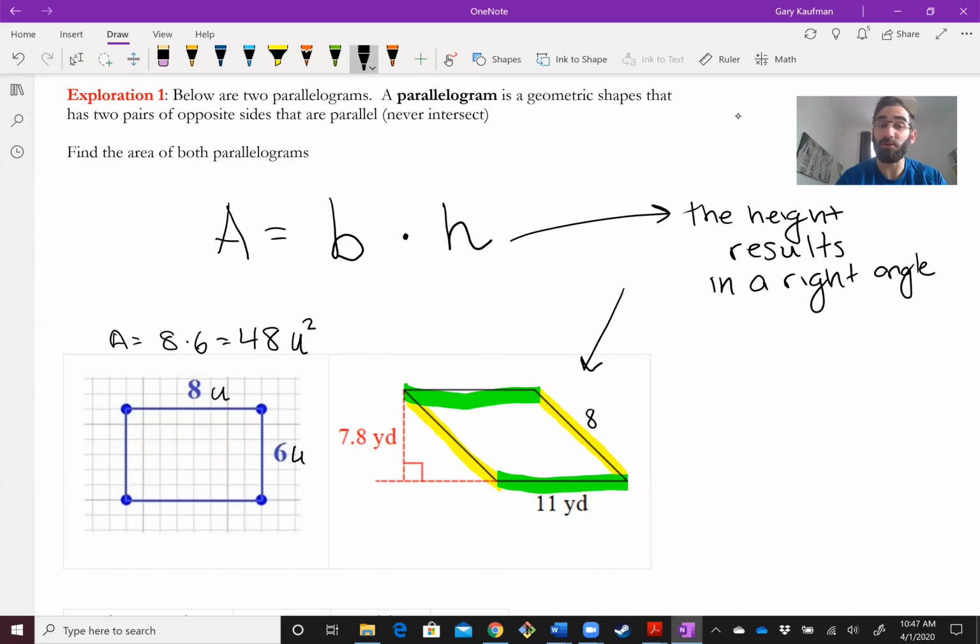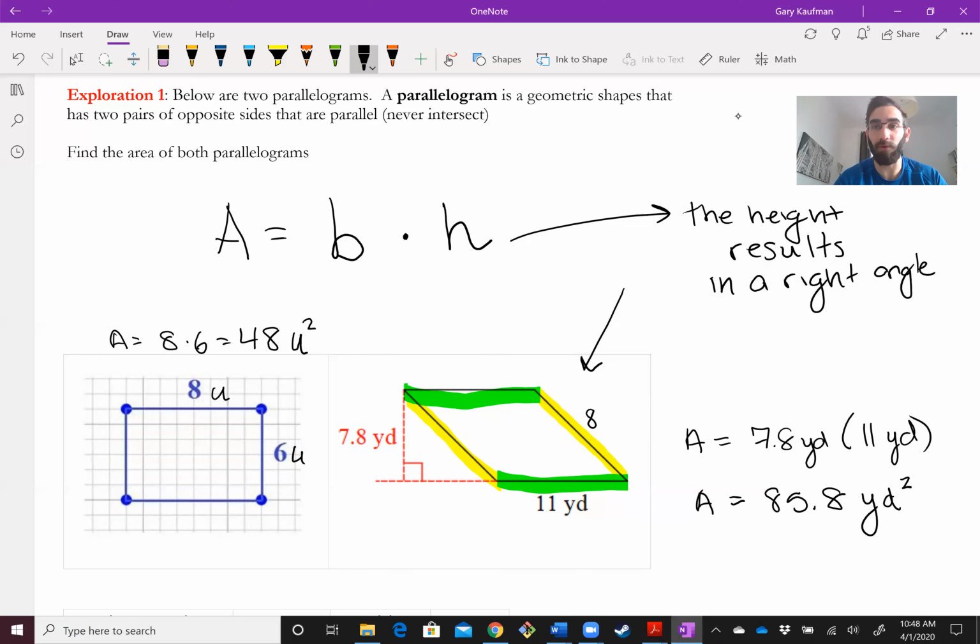And when we multiply units by units, we get units squared. So for the second one, I have 7.8 yards multiplied by 11 yards. Well, the 7.8 times 11 is 85.8. And we have a yards multiplied by a yards, which is yards squared. It's almost just like combining like terms. When we multiply a 2 by 2, we get 4, which is 2 squared.